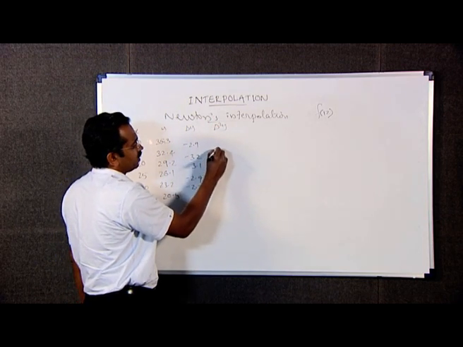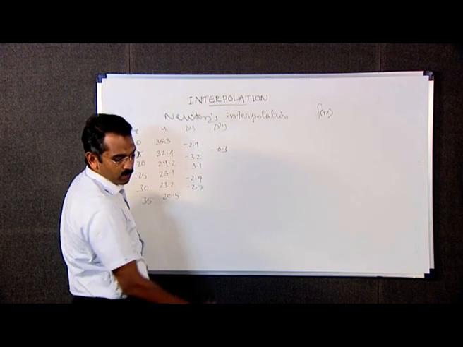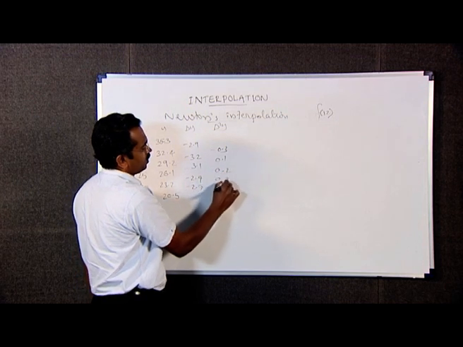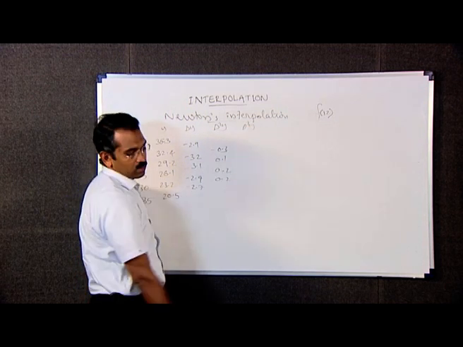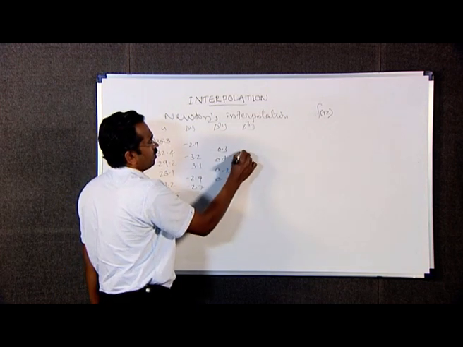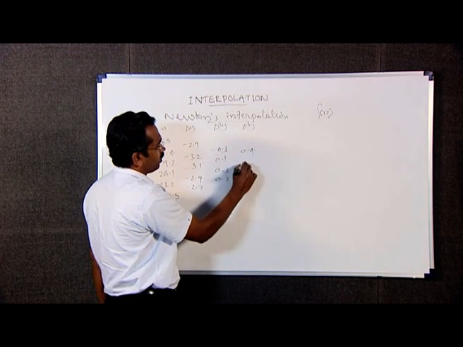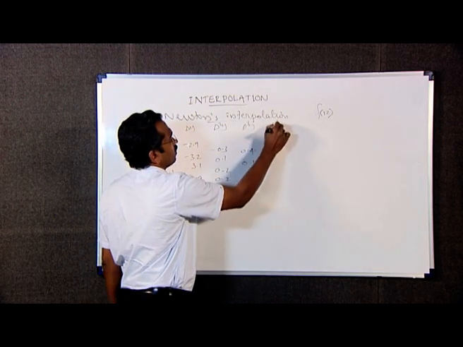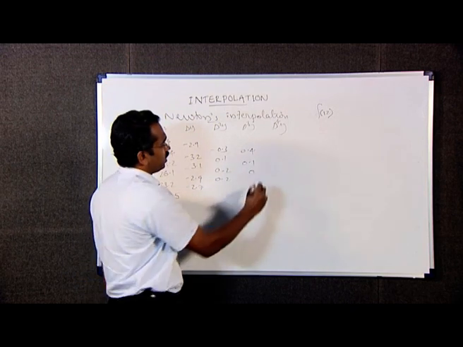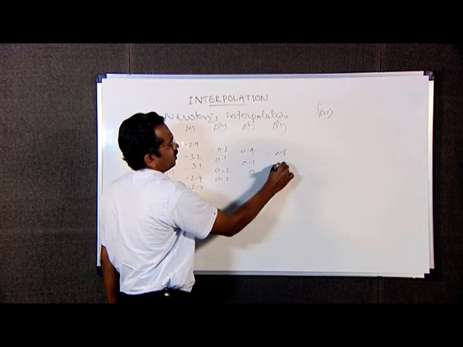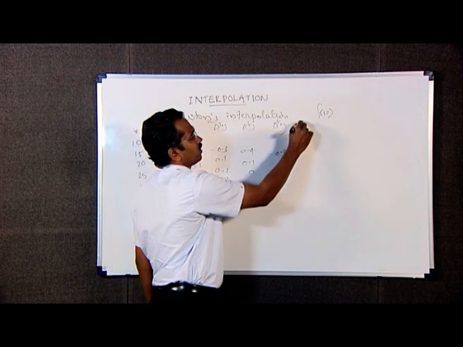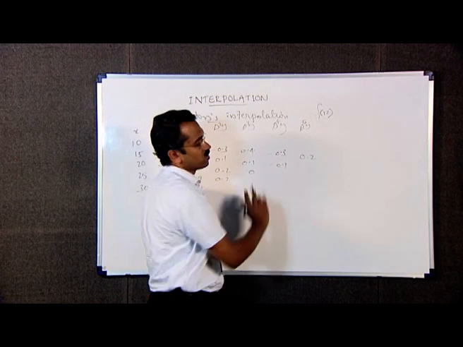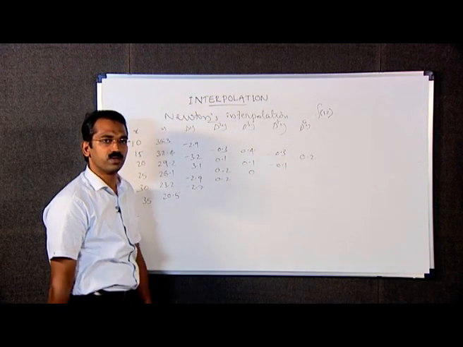The second differences are negative 0.3, 0.1, 0.2 and 0.2. The third differences are delta cube y: 0.4, 0.1 and 0, and the fourth differences are minus 0.3 and negative 0.1. The fifth difference is 0.2. This is the corresponding difference table.